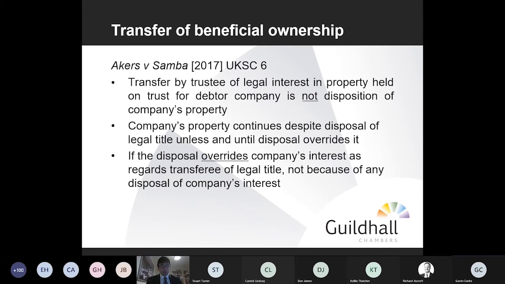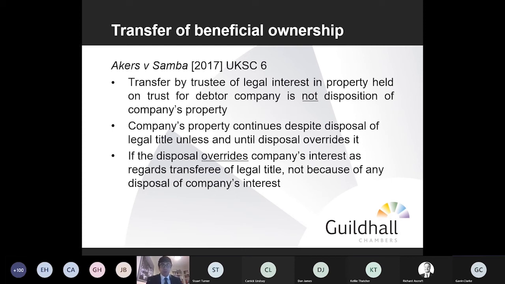But what the Supreme Court said was, well, the beneficial interest isn't destroyed because of the transfer. As a matter of legal analysis, all that the trustee does is transfer the bare legal title to the asset to the third party who acquires it.